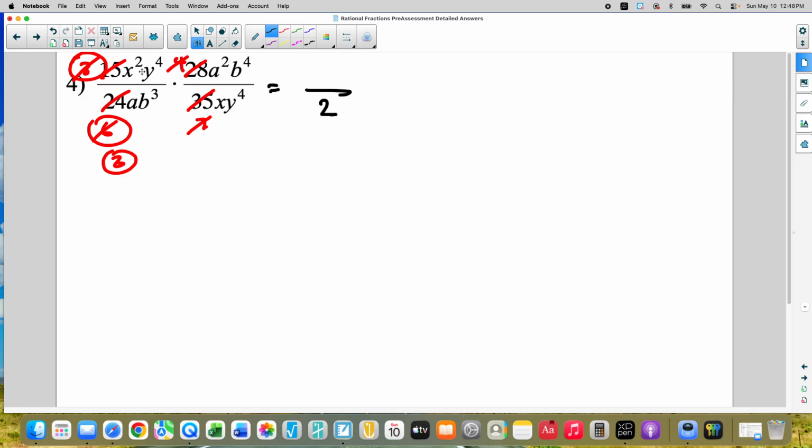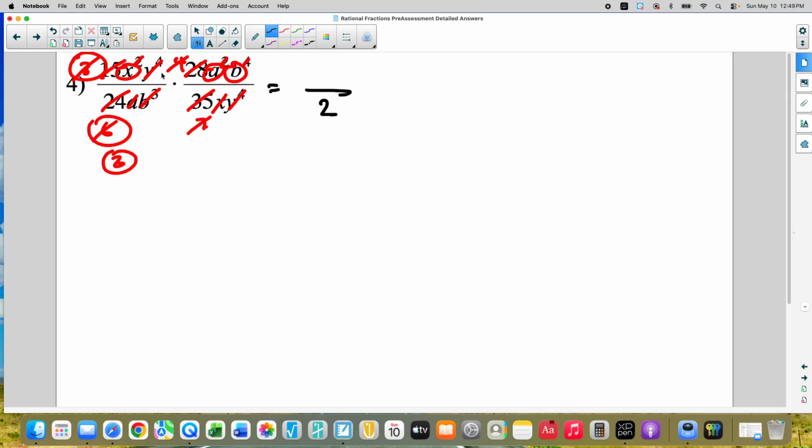We got x squared and x. So this x cancels with one of those x's, leaving me with x. We got y to the fourth, they cancel out. You got a and a squared, so you got an a left over. You got b to the third and b to the fourth here, so you're left with a b.